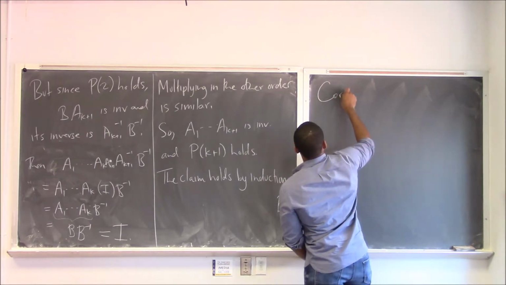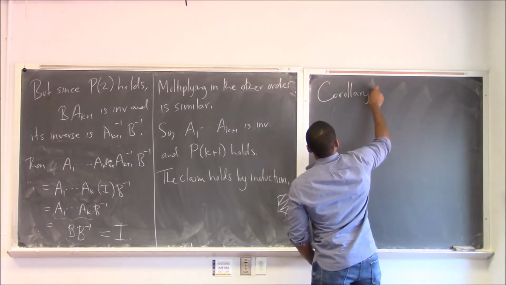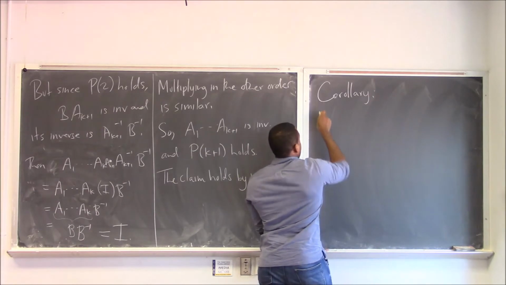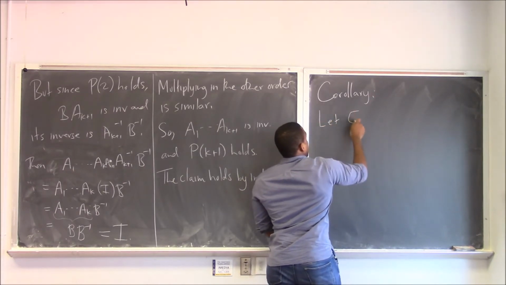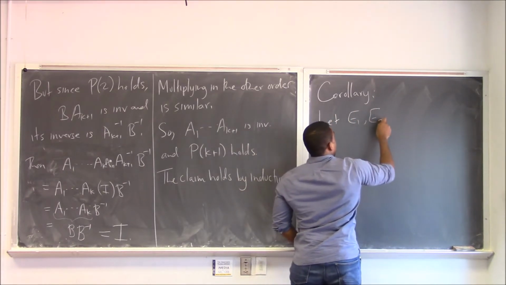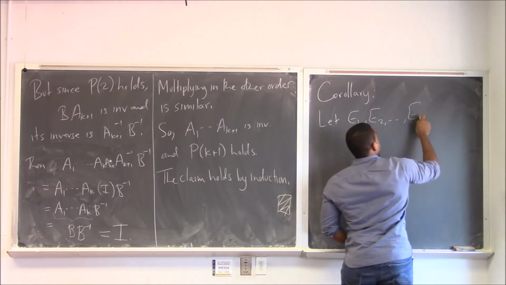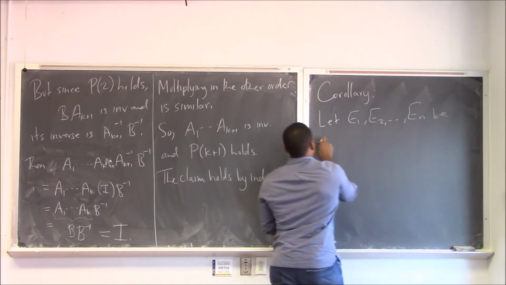Corollary. Let E_1, E_2, all the way down to E_n be elementary.